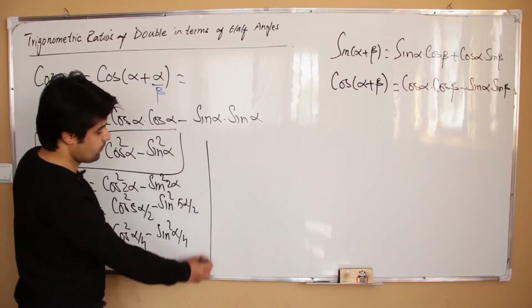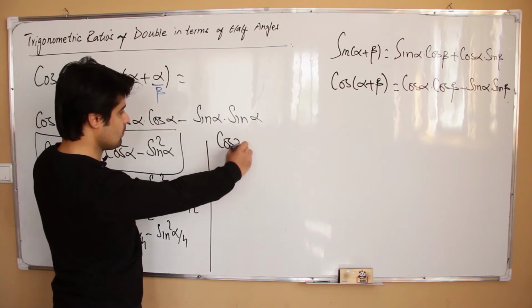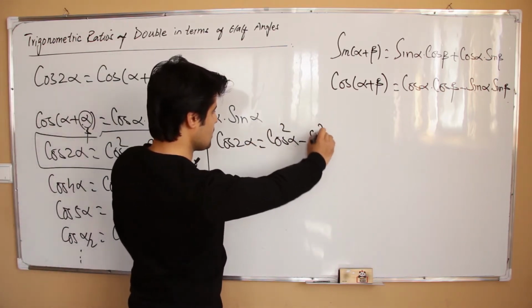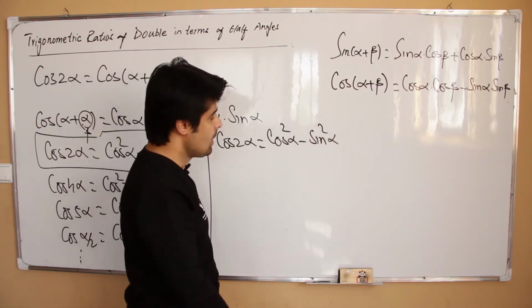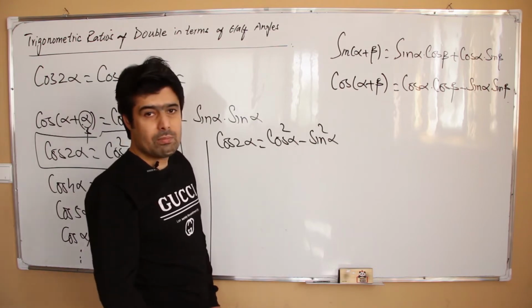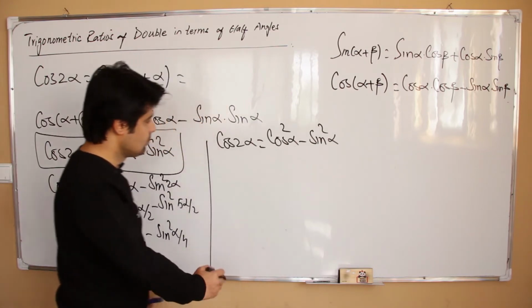What do I mean? Cosine of 2 alpha is cosine square of alpha minus sine square of alpha, or not? Yes. Now instead of cosine square, can I write 1 minus sine square? Yes, we can do.